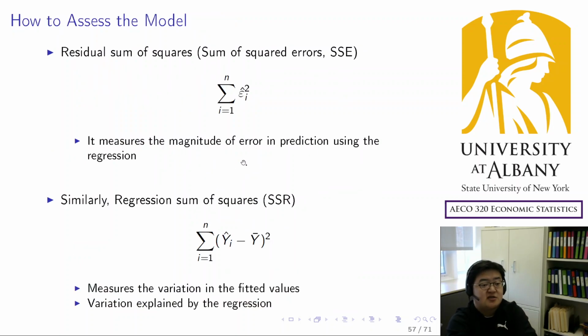And now the next topic is how we would like to evaluate how good we are doing. I would like to quantify how good I'm doing, whether this regression model is pretty accurate, something like that. So then we can use the residual sum of squares again, or sum of squared errors.